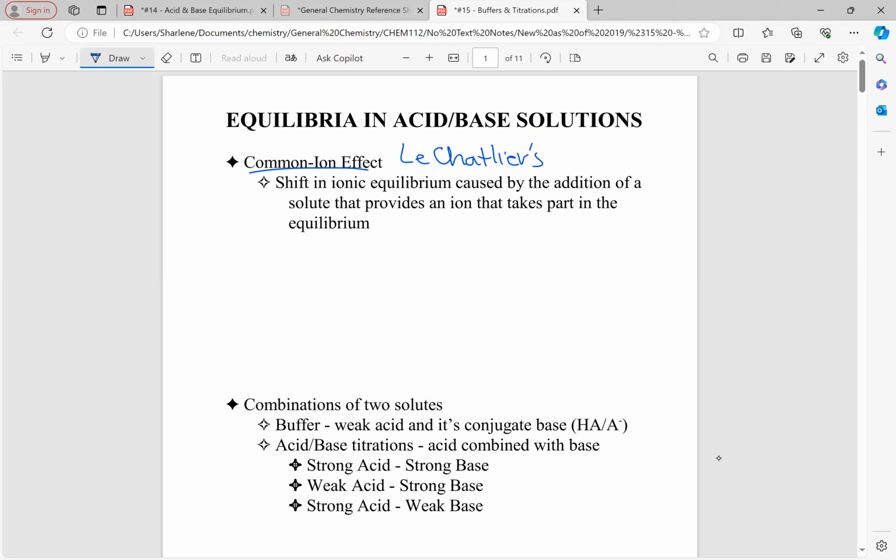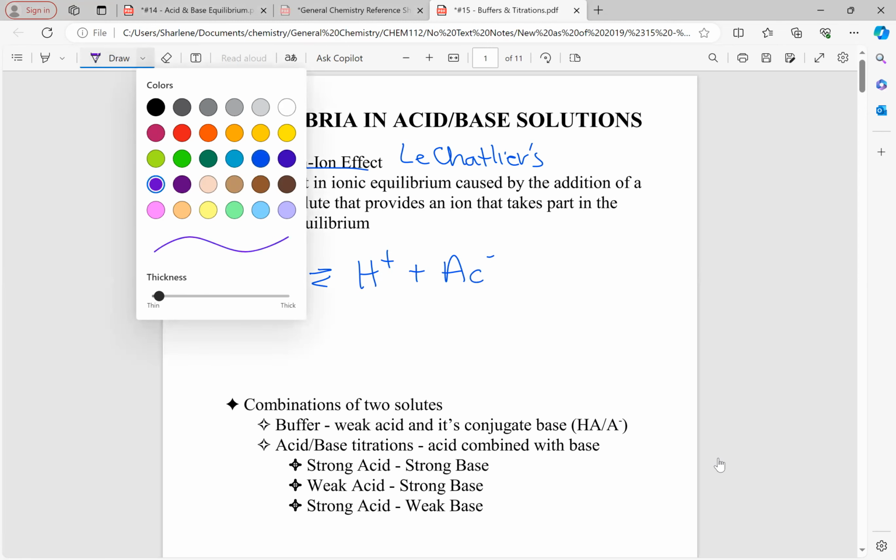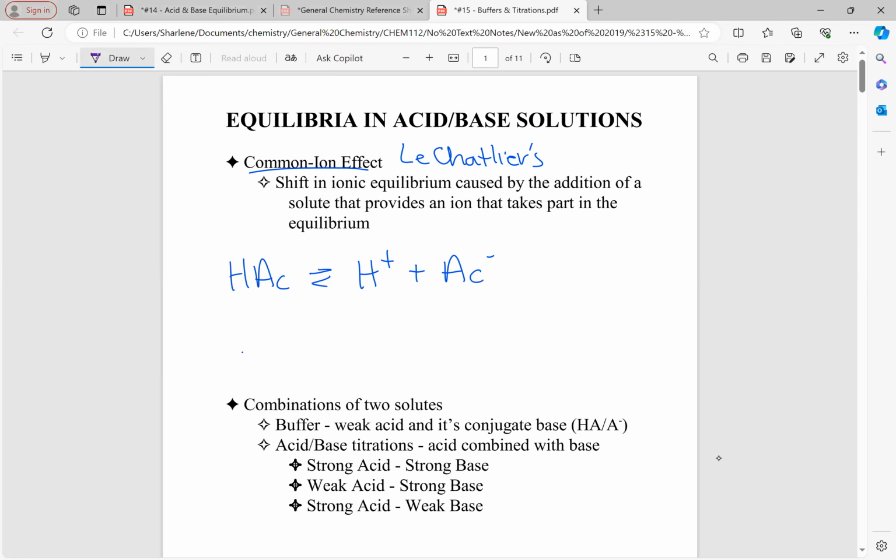All right, so we're going to just use vinegar as an example. Before, when I was doing Le Chatelier, I said, hey, what if I increased the amount of acetic acid?